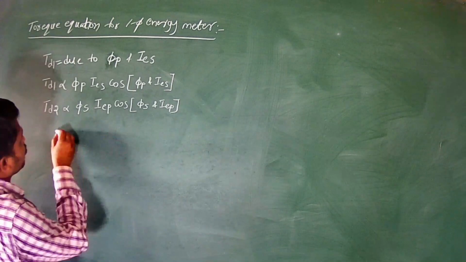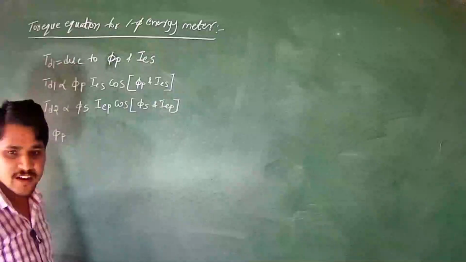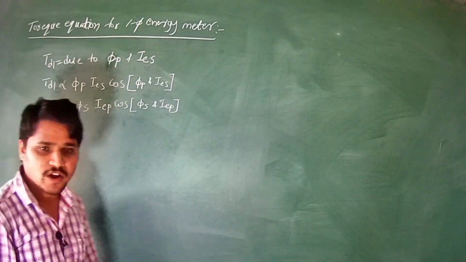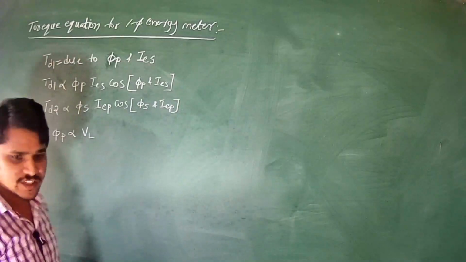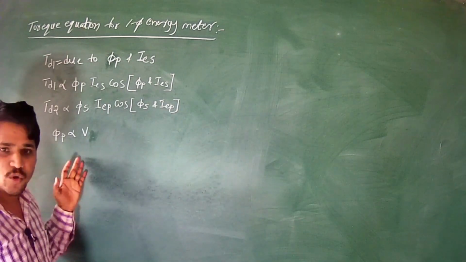We know that phi p is the flux due to the pressure coil, which is proportional to the line voltage, or simply the voltage across the load.